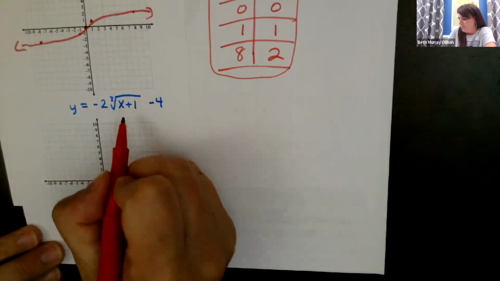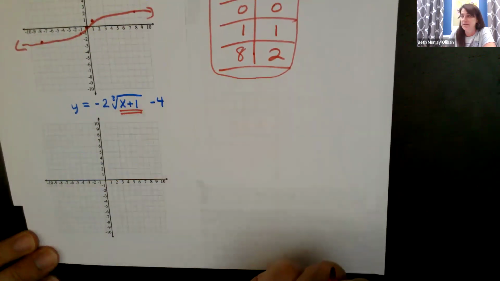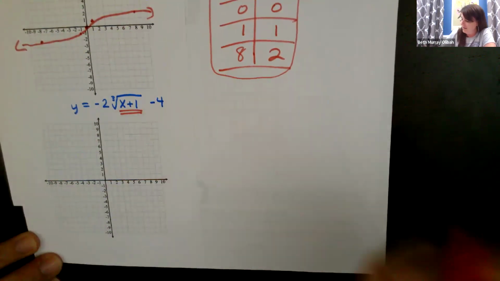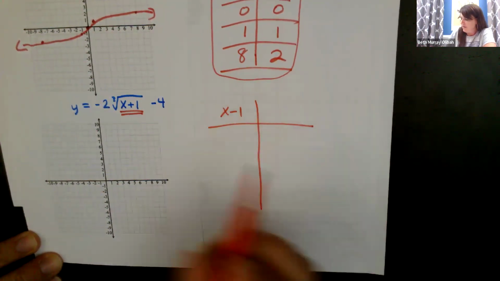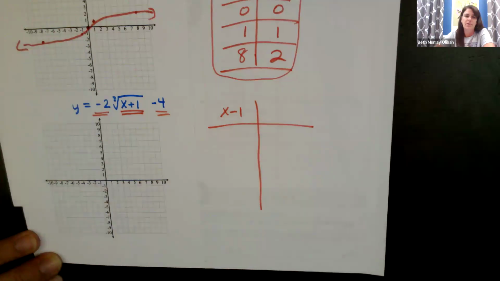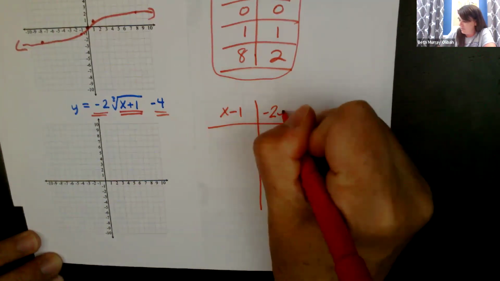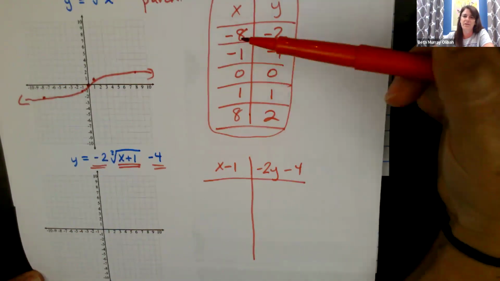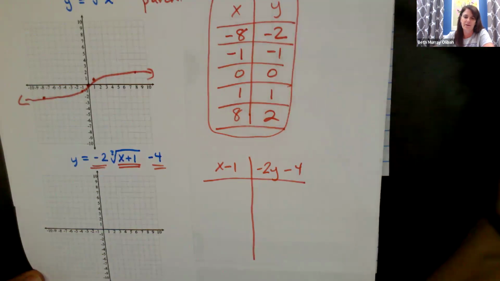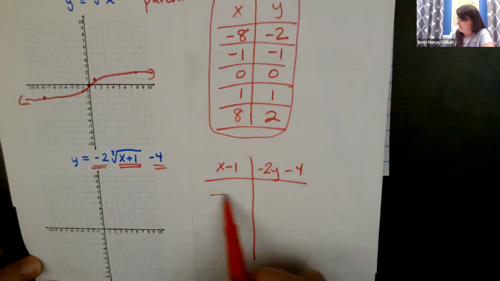Okay, so this is the only thing that's going to happen to the x, and make sure you do the opposite. This and this, we're going to do to the y exactly like we see. So -2 times y minus 4. And again, it's going to be these points that we're plugging in and doing the changes.